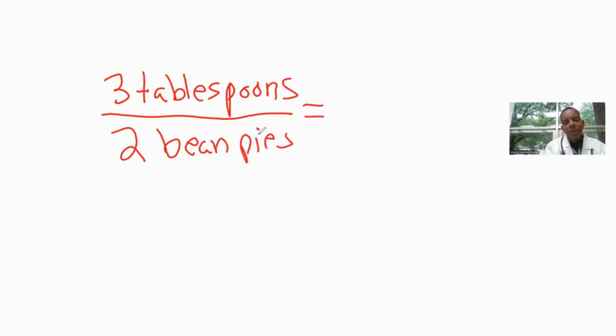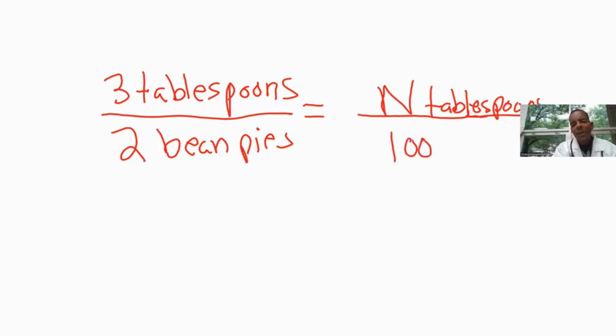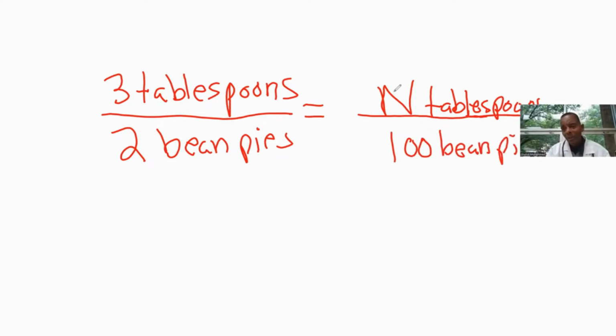So that would be equivalent to the ratio of how many, which we'll call N, how many tablespoons does he need to make 100 bean pies? He can just make a proportion out of this and then solve the proportion.